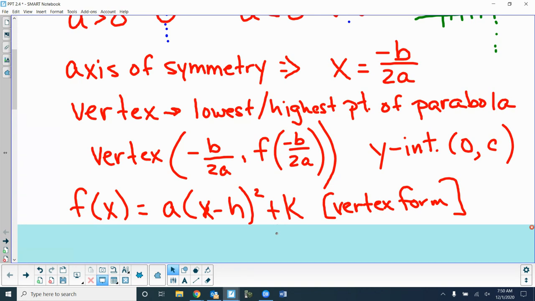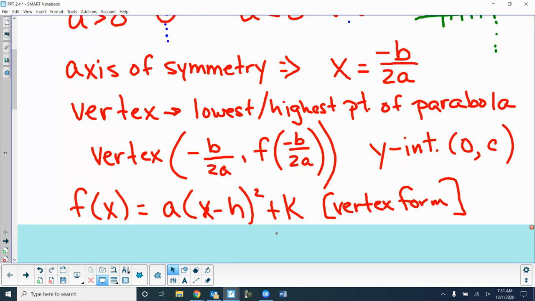This A value here is the same A value up in standard form. Okay? But what we have to do is we factor the function so that it will be written as a binomial squared.